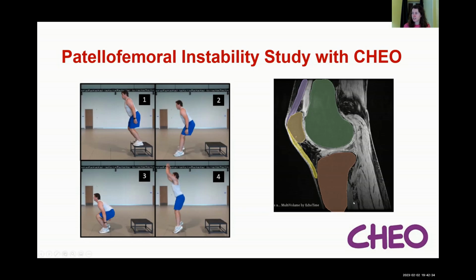And we'll get some MRIs of their knees too, so we can look at how the anatomy is different between these 2 groups, how their movement is different, and try to get a better understanding of why these people are having this instability, and then in the future look at what we can do to make the treatments more effective.